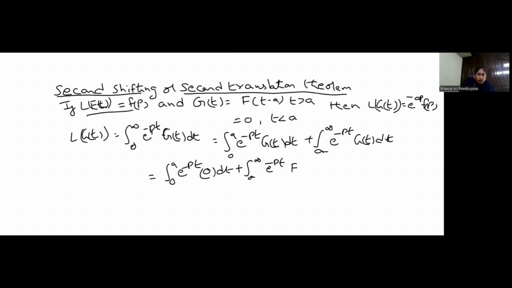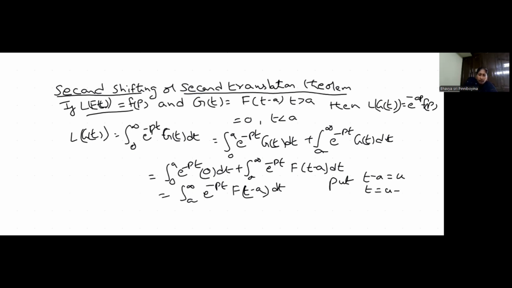To solve the integral from a to infinity of e power minus pt into f of t minus a dt, we do a substitution. Let t minus a equal u, then t equals u plus a.